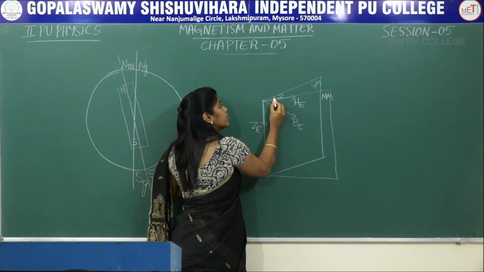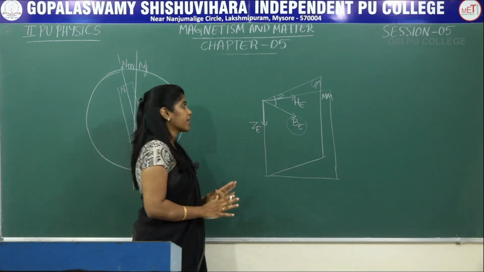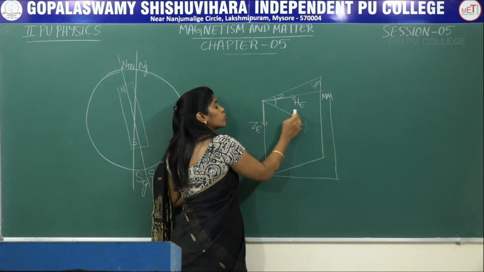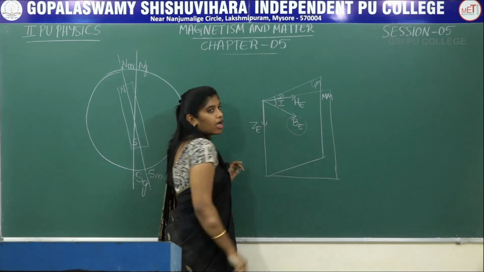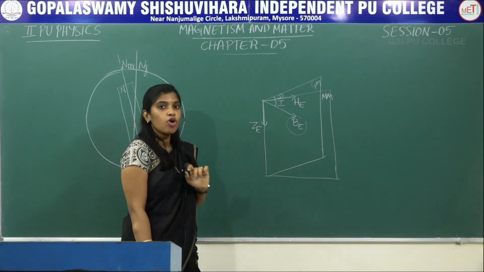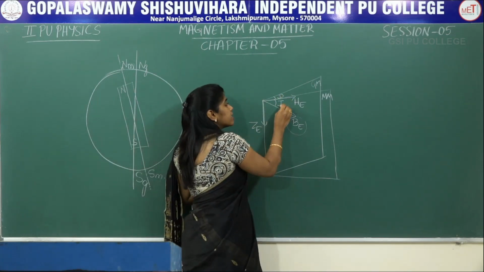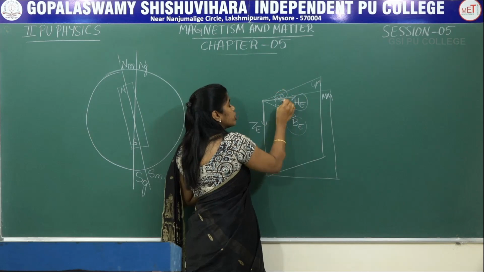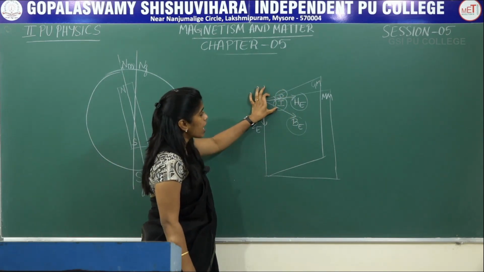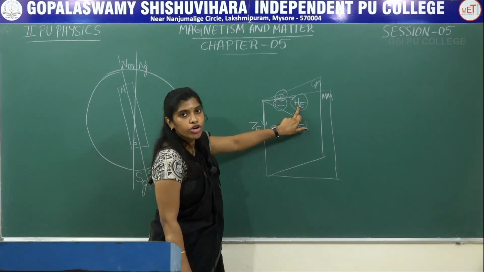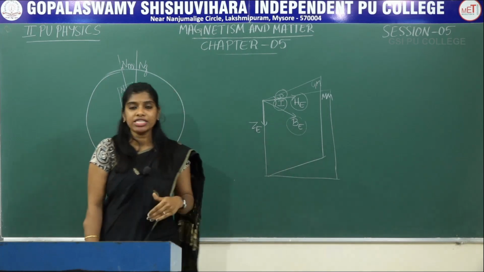The angle between the net magnetic field of Earth and the horizontal component is I, the angle of dip, also called inclination. These are the three components you have already studied: the declination D, inclination I, and the horizontal component of Earth's magnetic field. This is what we had done in our previous session.